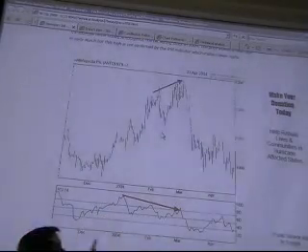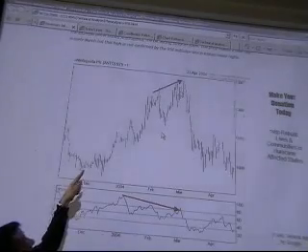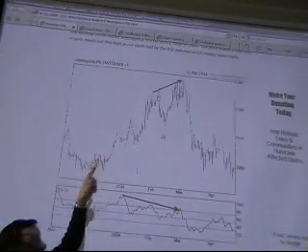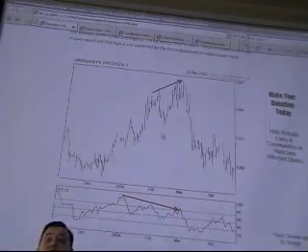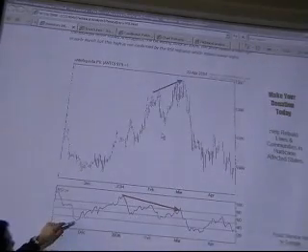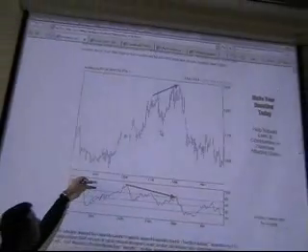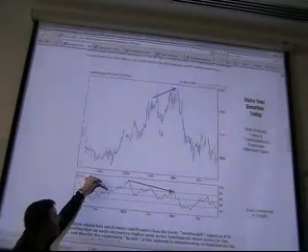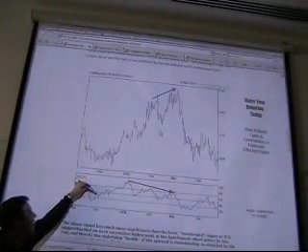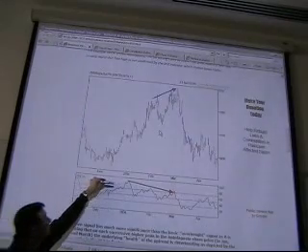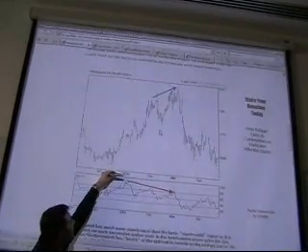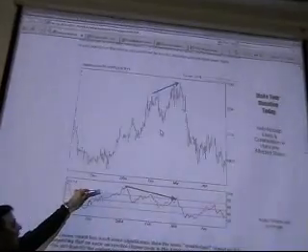Confirming means if the first one is making higher highs, this one should be making higher highs. So you have a low, you have a high, now I have a pullback, you have a higher high. Higher high means that this high is higher than this one. This represents a higher high relative to this one.